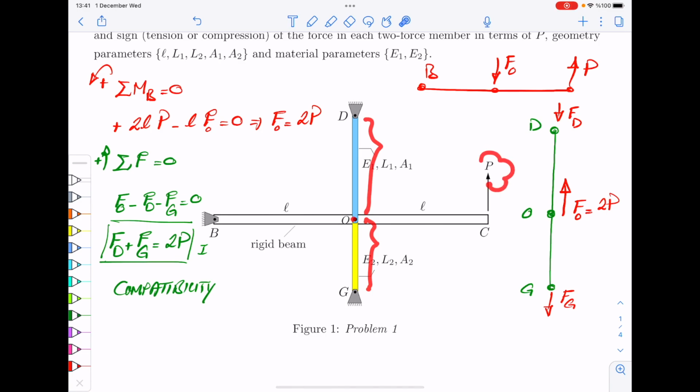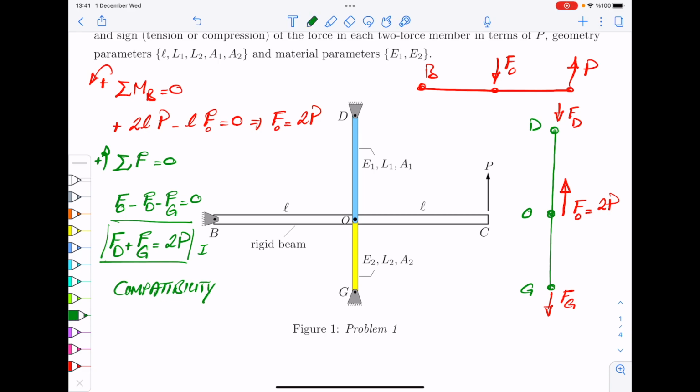If you apply a force P upwards, this thing would go upwards, right? So you would have shortening here, and you would have elongation here, right? So there would be a sign difference. Does that make sense? But the magnitudes should be equal.